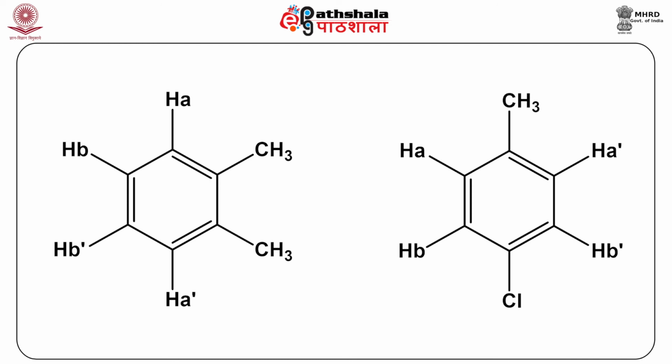One can expect a doublet of doublets for each signal. Let us talk about proton HA. The HA proton at C3 has a 3J coupling to the nearest HB proton, that is the proton at the C4 position, and a 4J coupling to the other HB proton, that is the proton at the C5 position.